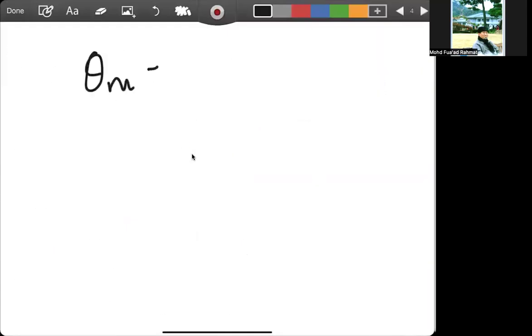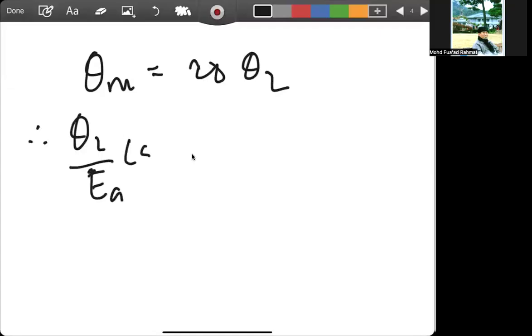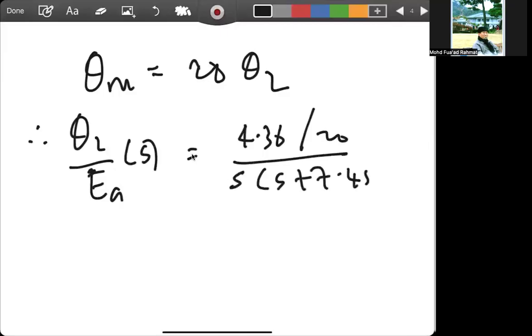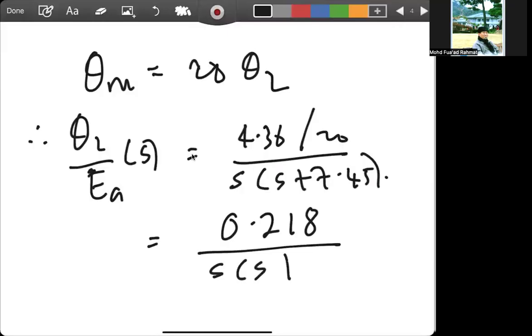Theta m is 20 over theta L. That's why theta L over EA is over 20, S plus 7.45. So this is the final transfer function.